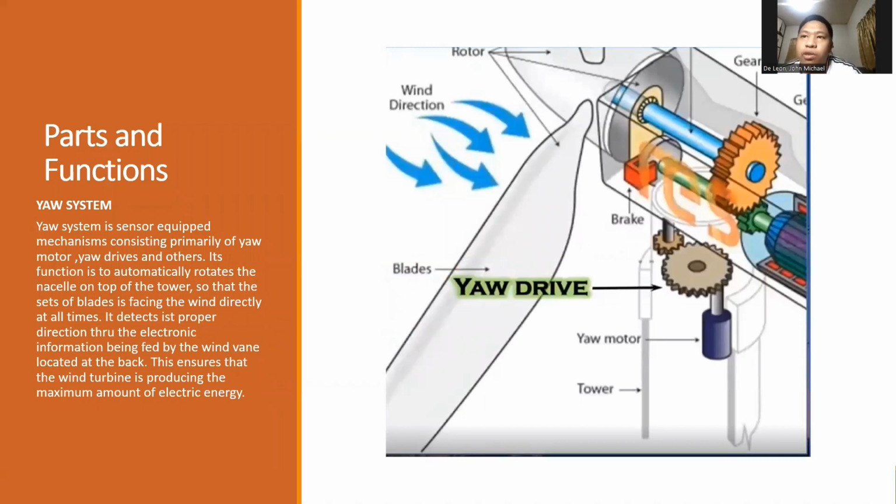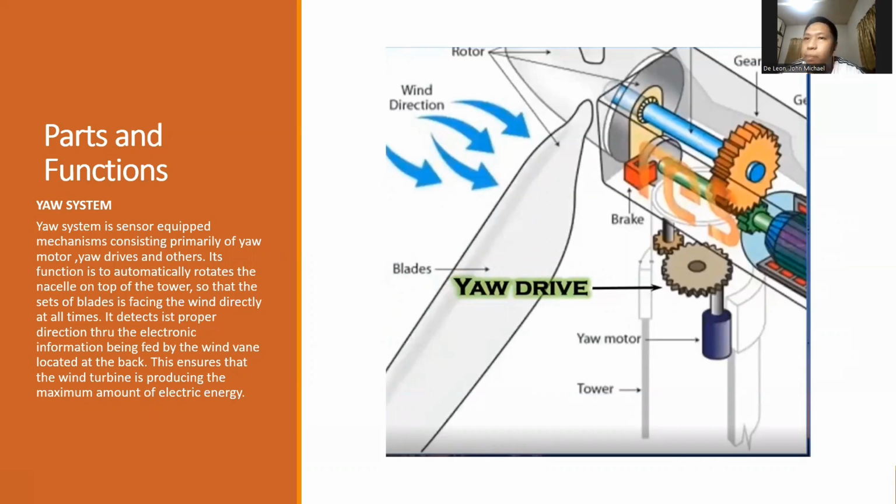Yaw system, yan, yaw system, is a sensor-equipped mechanism consisting primarily of yaw motor, yaw drives, and others. Its function is to automatically rotate the nacelle on top of the tower so that the set of blades is facing the wind directly at all times. It detects proper direction through the electronic information being fed by the wind vane located at the back.